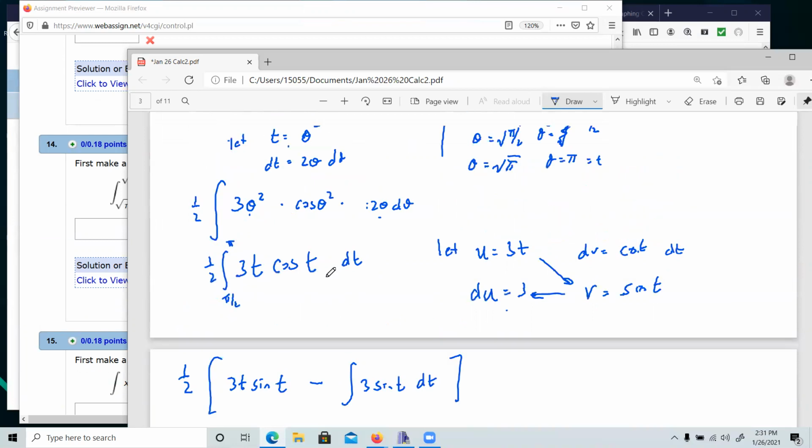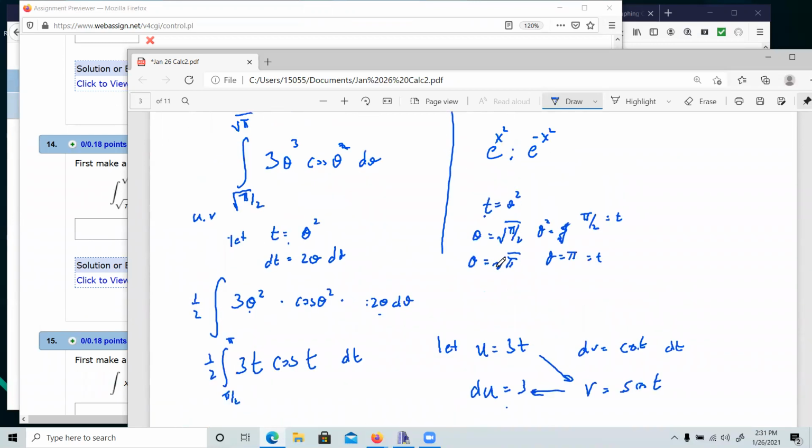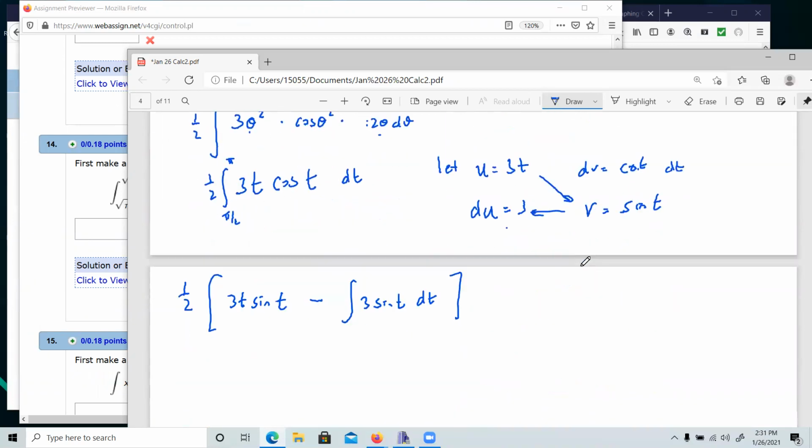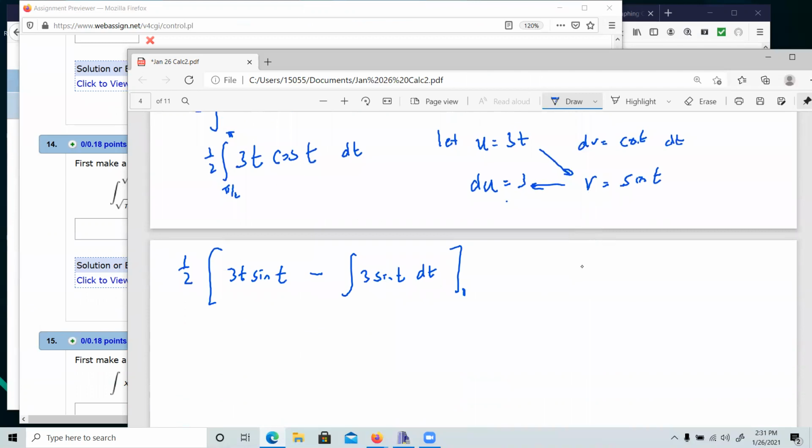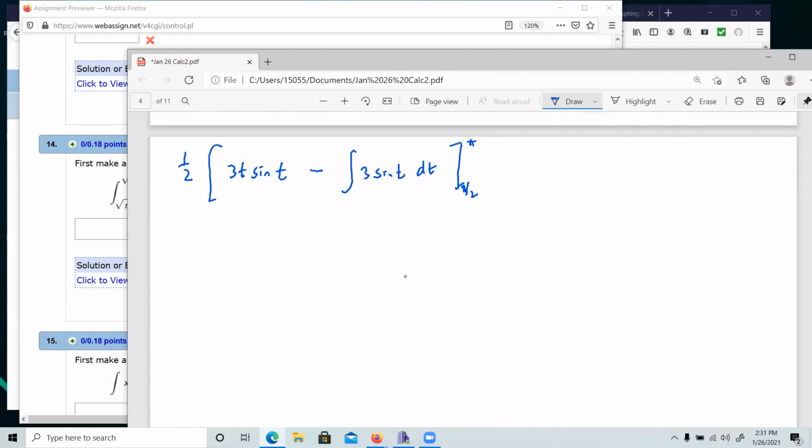All right, so we're getting close. What are our integral limits? It looks like it was between pi over 2 and pi. There we go. So this is just a regular, nice integral now. 1/2 times 3t sine t minus, what's the integral of sine?